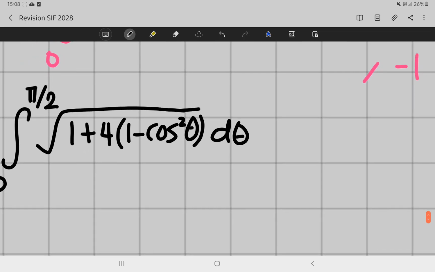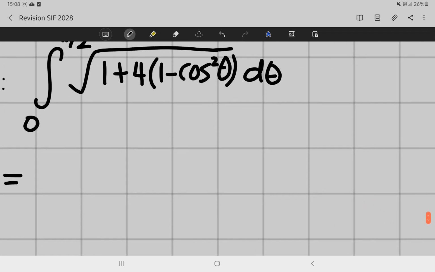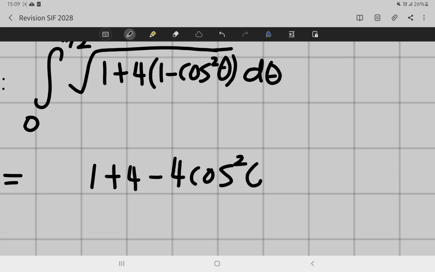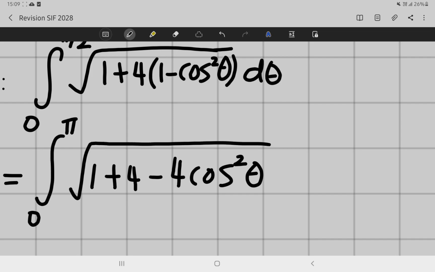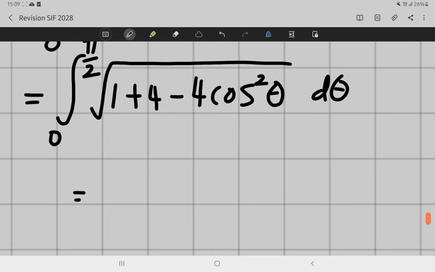So we can rewrite this as 1 plus 4 minus 4 cosine square theta, which is 5 minus 4 cosine square theta.